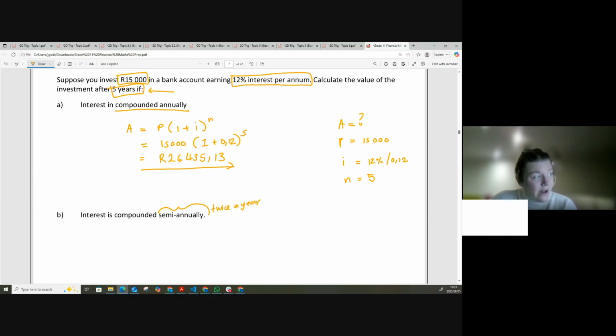So now this is going to affect n and i. It's going to affect both of those. Good. 12% over 2. I like it. You are not bad at math.